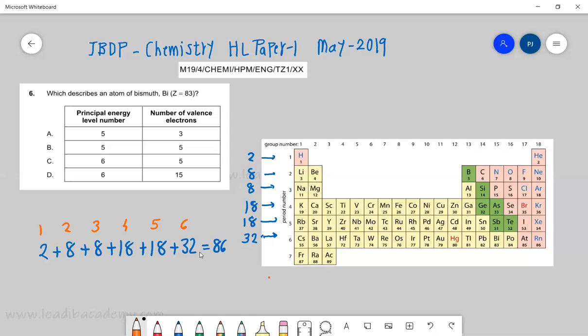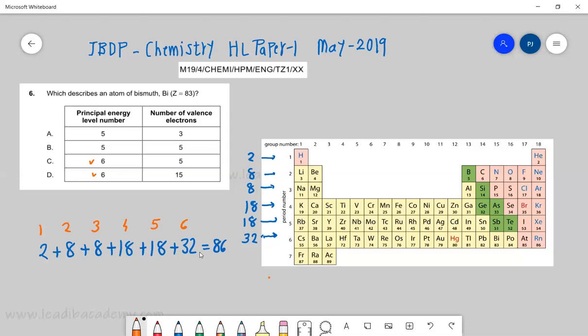Please remember, when we talk about a period, we are referring to the principal energy shell or energy level, what we called orbit, not orbital, or shell. So it clearly means that bismuth is in the sixth one, so the answer has to be between C and D. So at least we are very clear.